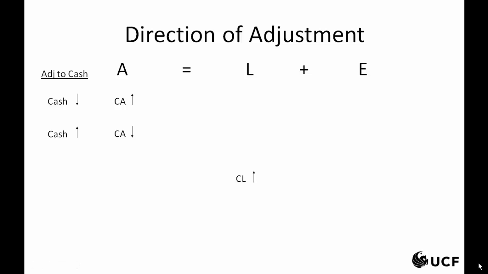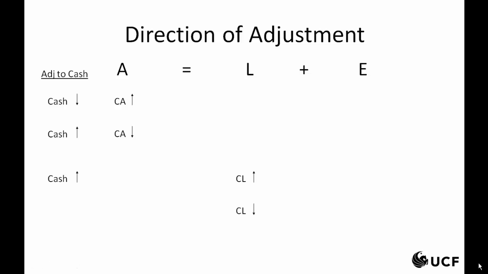Likewise, when we have current liabilities like accounts payable, if the balance has increased since the last period in the current liability account, what would you have to do to cash to keep the equation in balance? Since liability is on the right side of the equation, cash is on the left side. In order to keep it in balance, you have to do the same thing to both sides. So if current liabilities went up, then you have to increase cash. There's the direction of your adjustment, so you would add it.